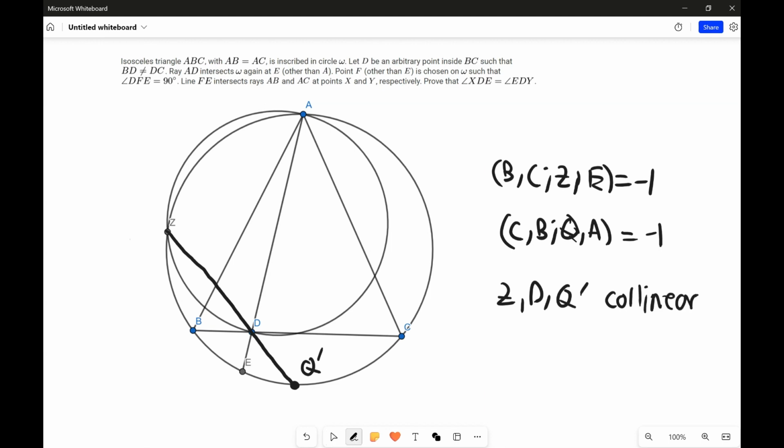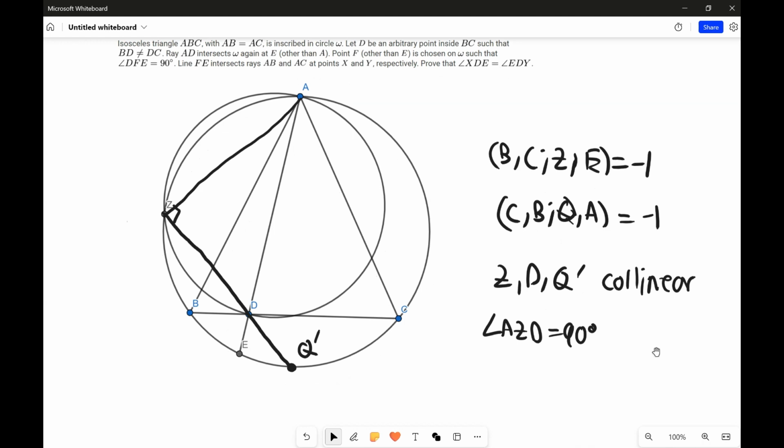And this is where the right angle comes into play. We have angle AZD is 90 degrees. However, because Q prime is diametrically opposite A, we have angle AZQ prime is equal to 90 degrees as well. Therefore, D, Z, and Q prime are collinear, and we have thus solved the problem by projecting through D and getting this cross ratio as needed.